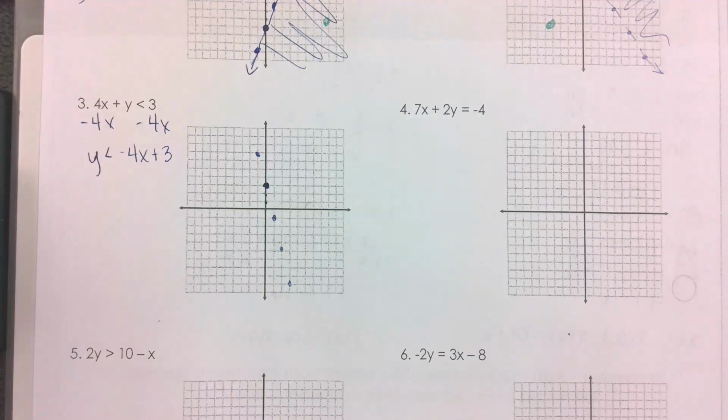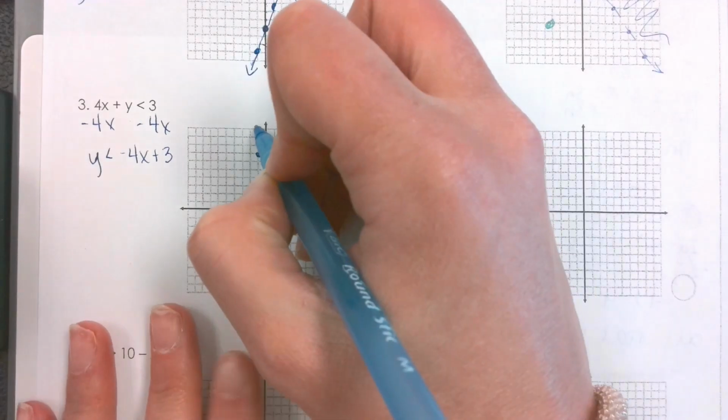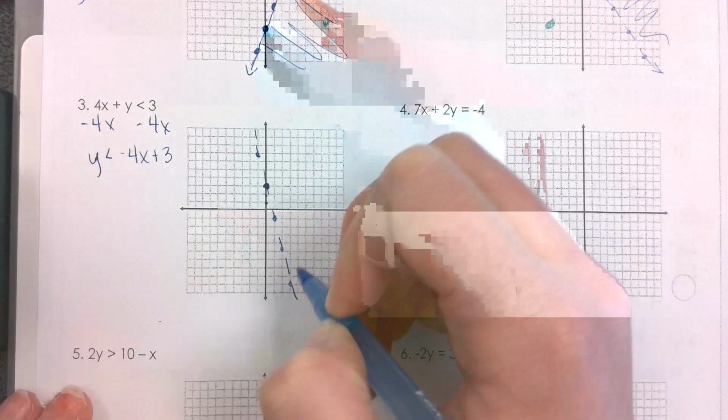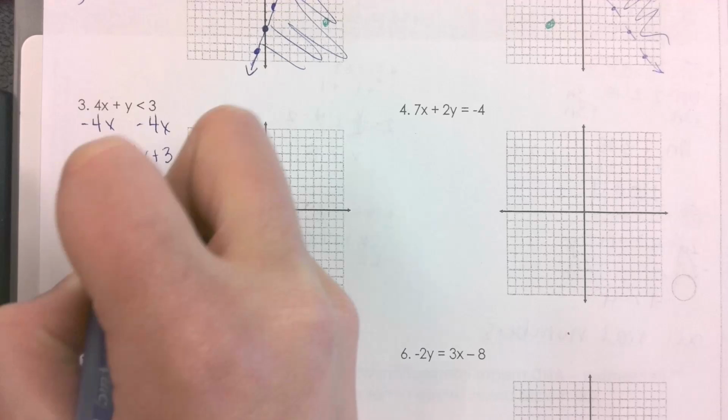So Brett, are we going to connect those dots with a solid line or a dotted line? Dotted, yeah. Y'all, why is it a dotted line this time? There is no equal to on that inequality sign. So since it's just a less than, it's going to be dotted.